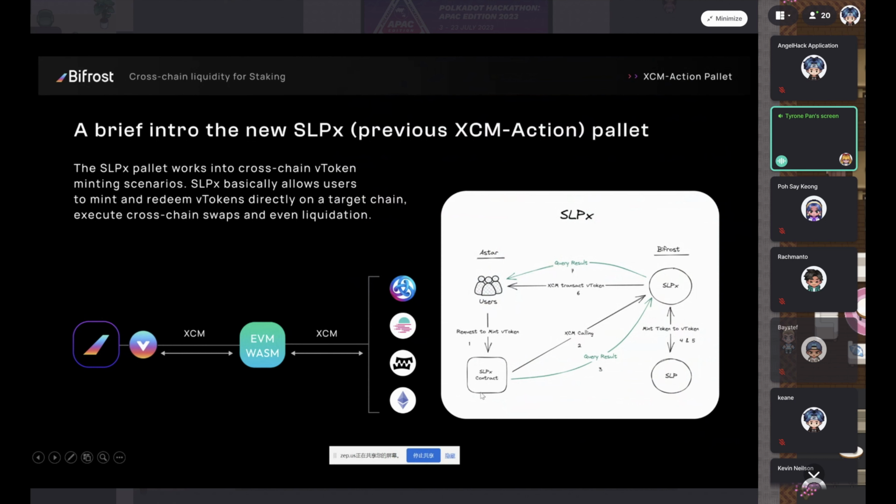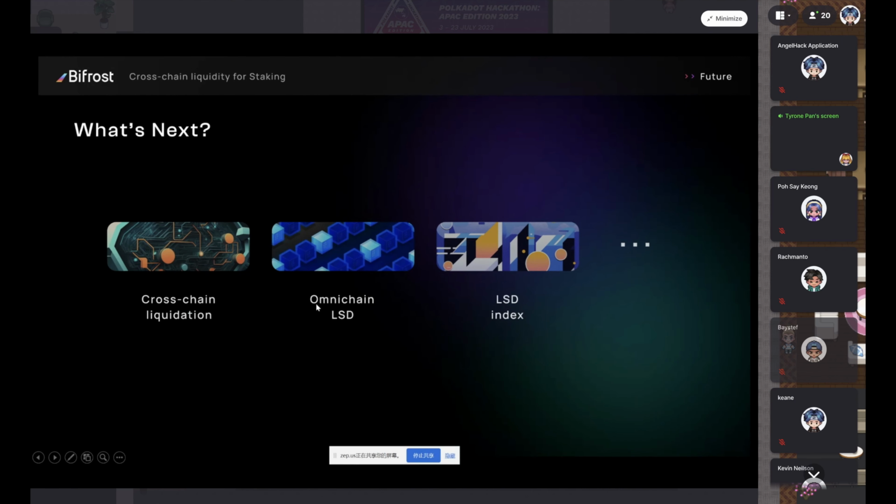So the SLPX contract can call the SLPX pallet on Bifrost, and the pallet will call the swap pallet, and token A will be swapped to token B and sent back to the user by XCM. So that's how the liquidation works.